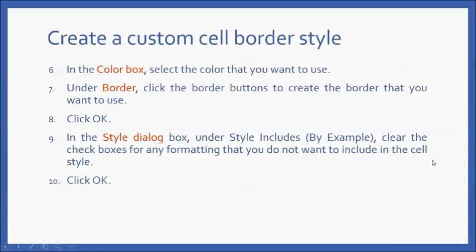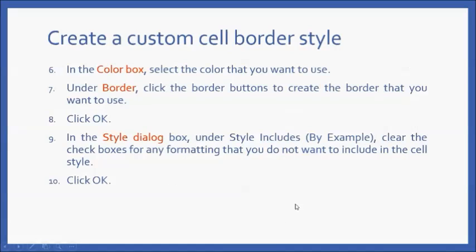And then in the Color box, select the color that you want to use. Under Border, click the border buttons to create the border that you want to use. Then click OK. In the Style dialog box, under Style includes, clear the check boxes for any formatting that you do not want to include in the cell style.